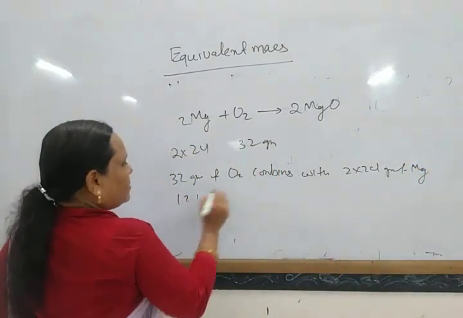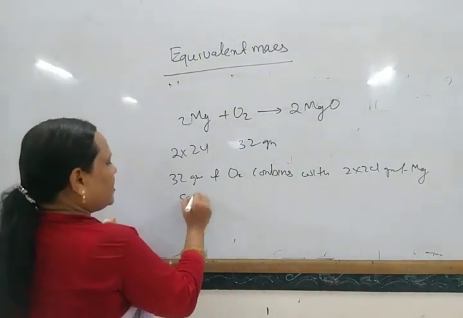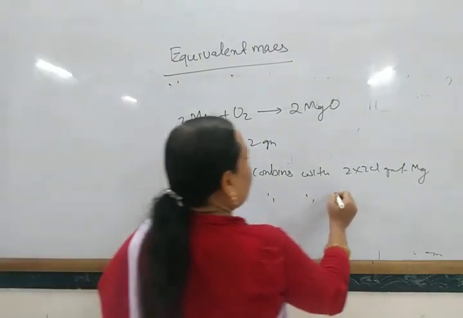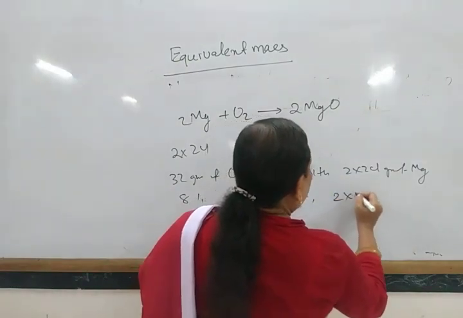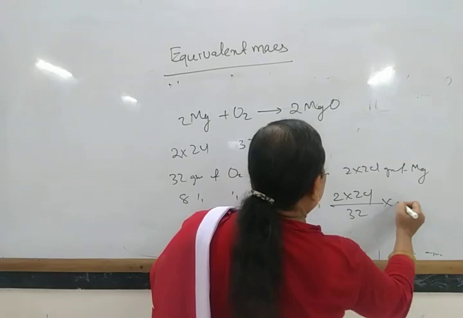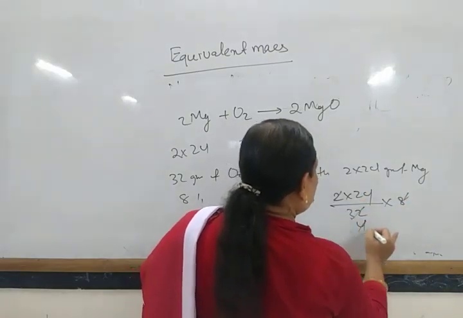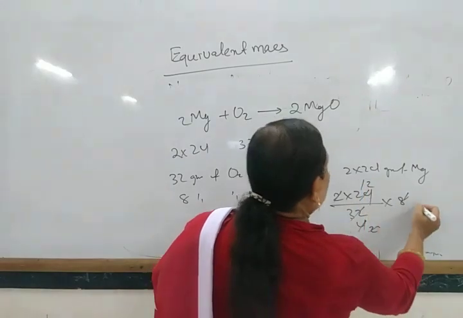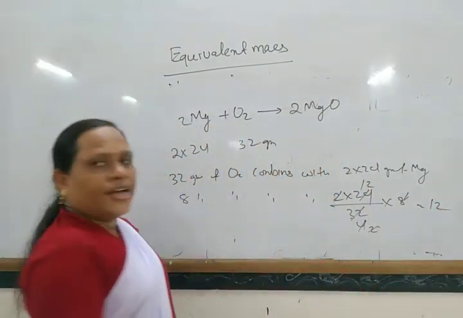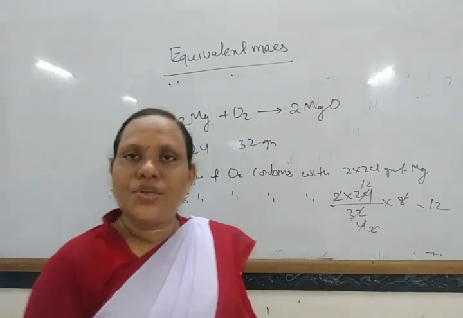Similarly, 8 grams of oxygen combines with 2 into 24 divided by 32 into 8, which is 12. So in this way we find the equivalent mass of magnesium is 12.